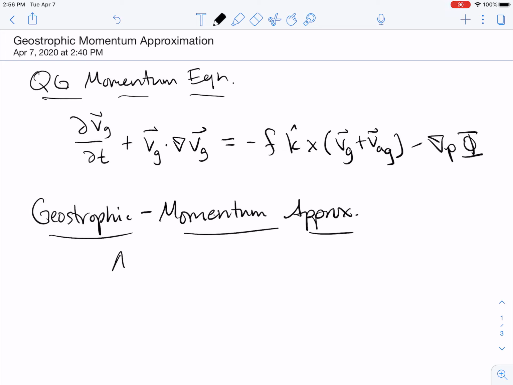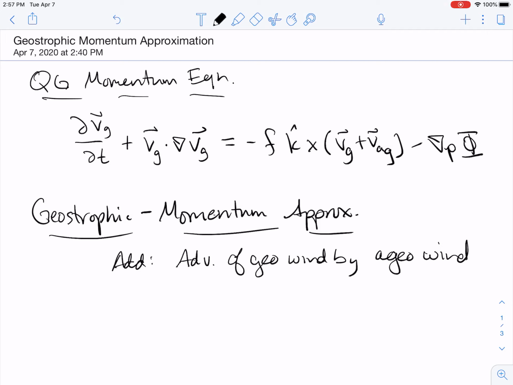Specifically, we're going to want to add back in our elements of the advection of geostrophic wind by the ageostrophic wind and the vertical advection of geostrophic momentum.